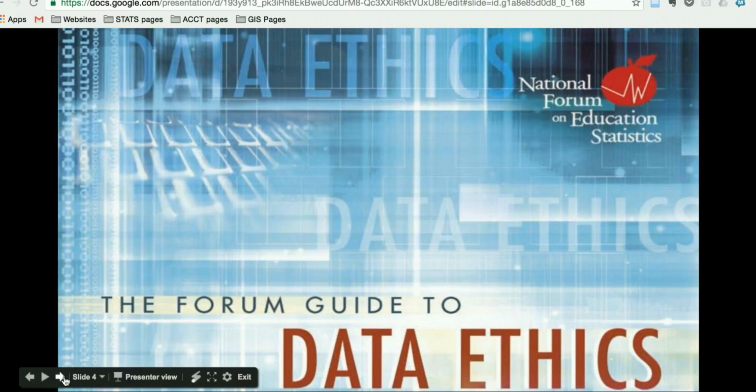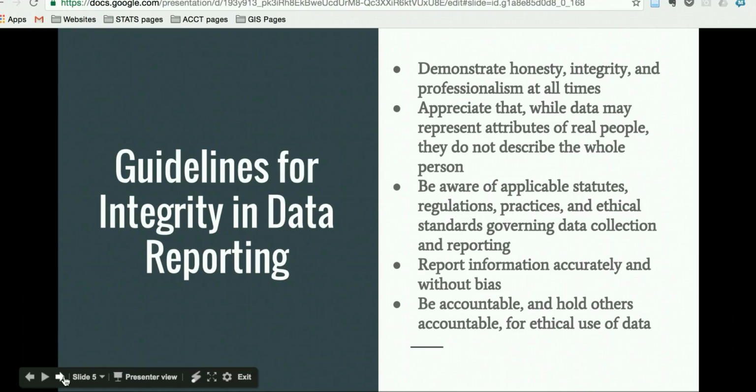So we'll focus on that. But the whole guide is great, and I plan on keeping it. So, guidelines for integrity and data reporting. They have 5 aspects of integrity and data reporting, and scale falls in this one right here, according to their framework.